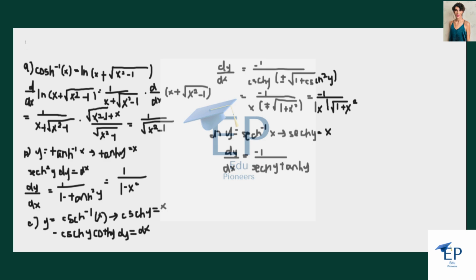We're just going to substitute tangent, the hyperbolic function y, for plus or minus square root of 1 minus secant square. So we get -1 over the hyperbolic function of secant y plus or minus square root of 1 minus secant square of y.